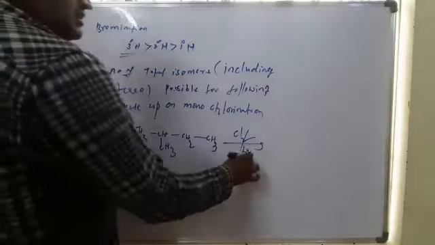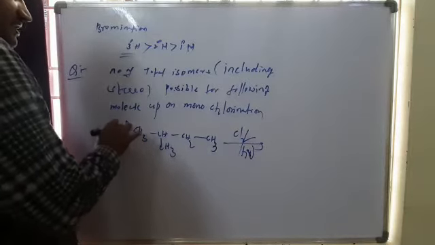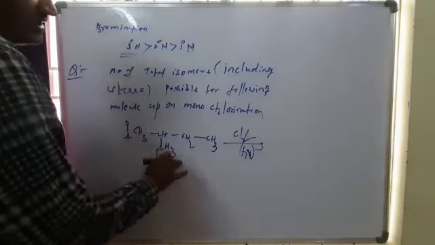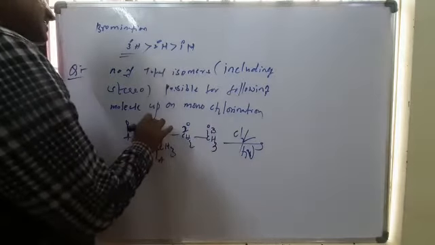How many total isomers? There are different types of hydrogens. First write this is primary A, this is also primary A, this is a secondary, this is primary B type, this is a tertiary.